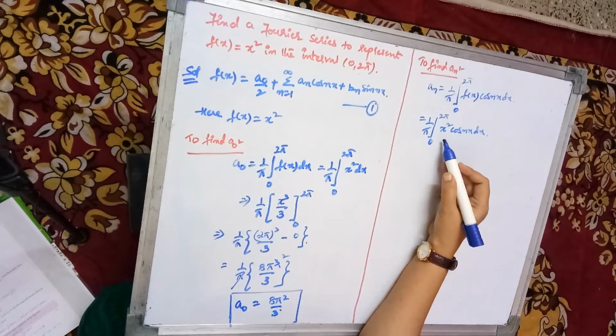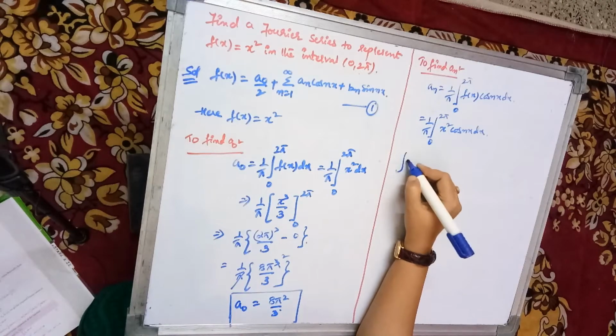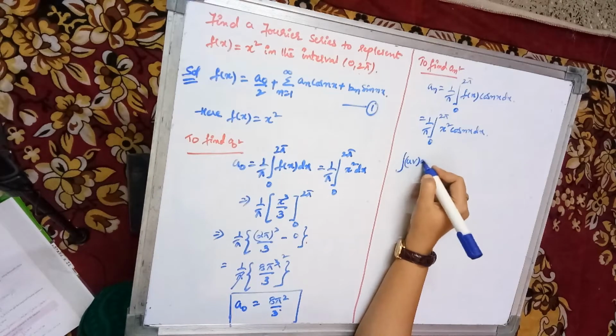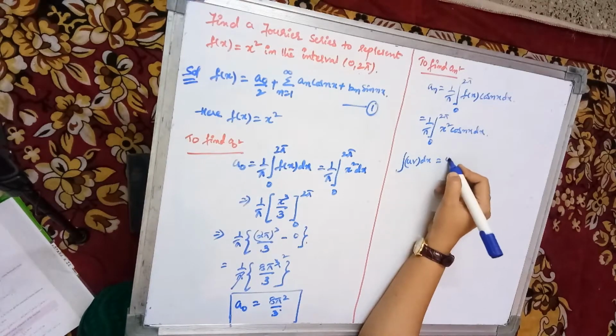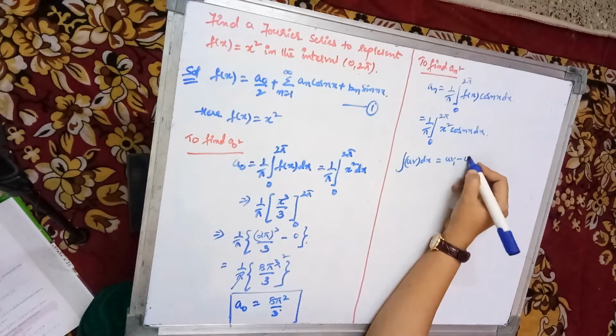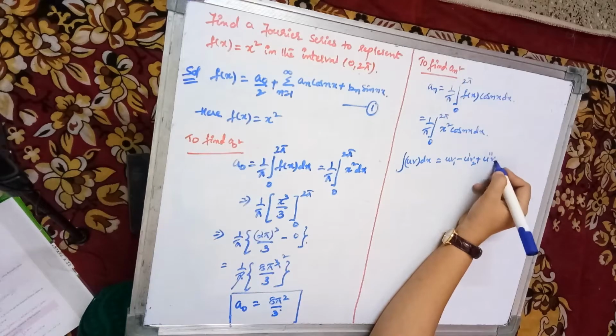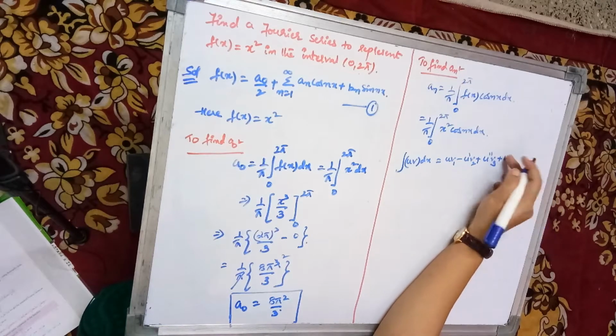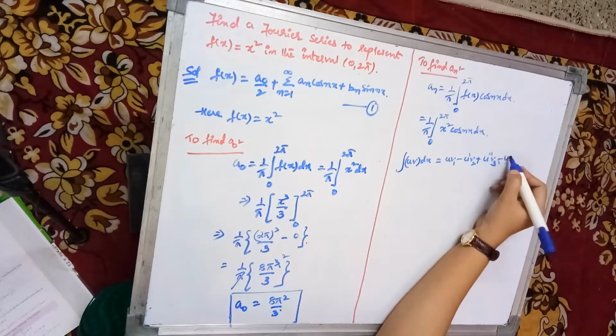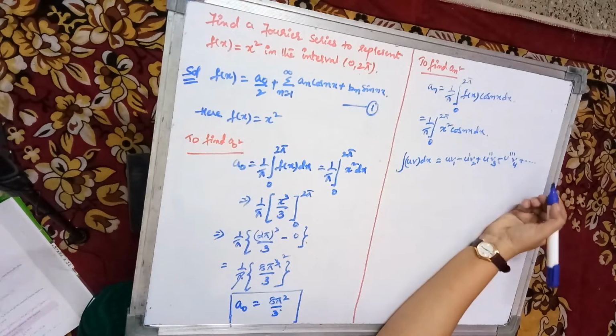You are going to use Bernoulli's integration by parts, that is the integral of uv dx is equal to u v1 minus u dash v2 plus u double dash v3, alternating signs, minus u triple dash v4 plus and so on.